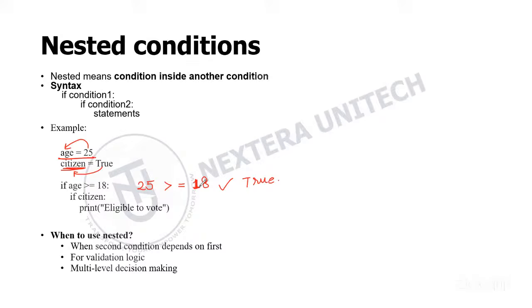So after this if condition is true, it will enter the block inside this if condition. Inside it, it is again checking one more condition, that is citizen. Citizen has the value true, right? So the condition is true obviously here. So it will print the block of code inside this if condition, that is 'eligible to vote'.